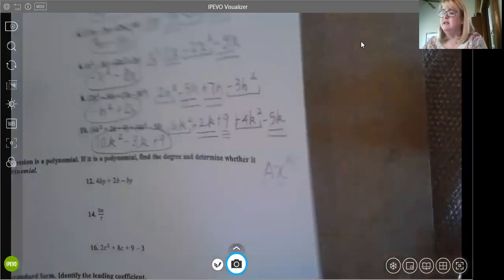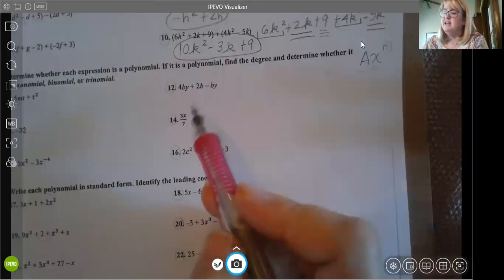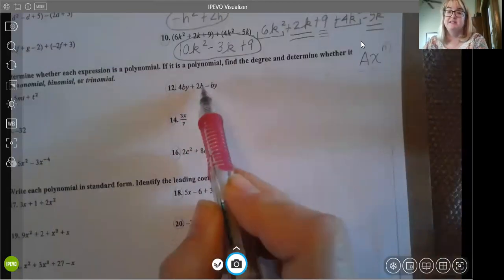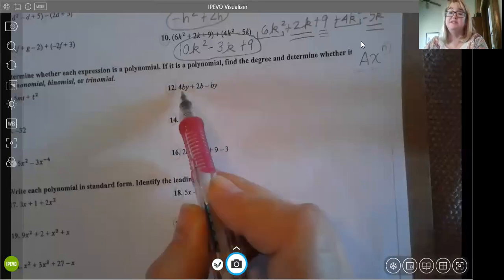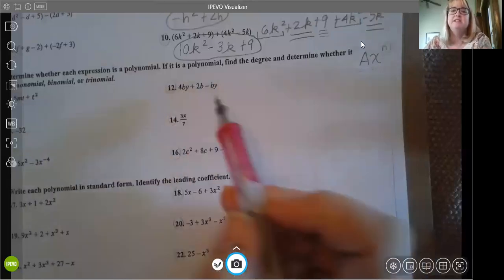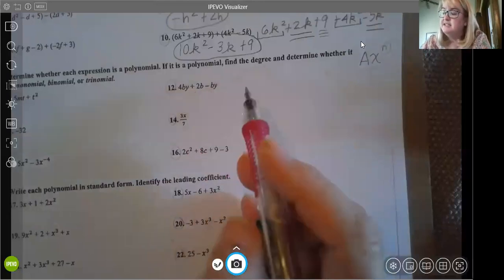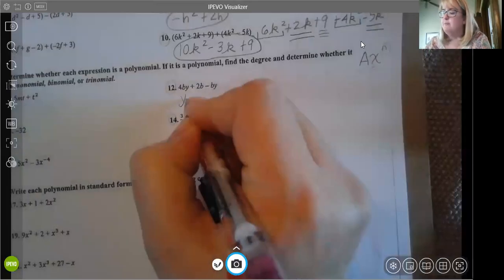All right. So this looks good, this looks good, and this looks good. Even though we've got two variables here, it is okay. So since all of the exponents on our variables would be 1, this is a yes, it is a polynomial.